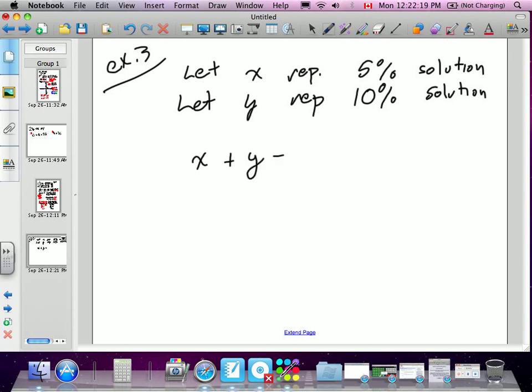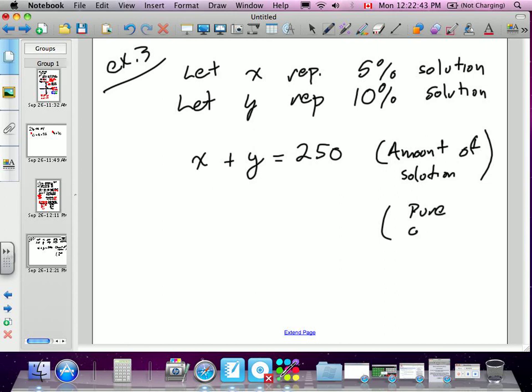Now what we want to do is find the acidity. So we've figured out the actual amount of solution. Now we've got to find pure acid. To find out pure acid, we need to convert these into decimals.